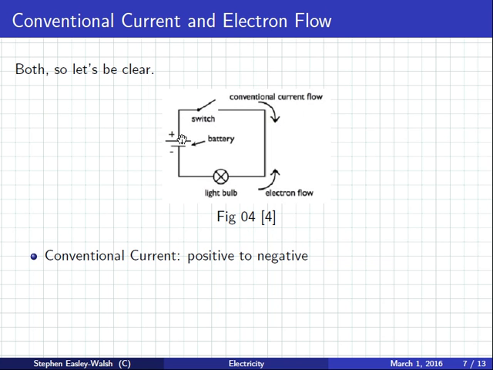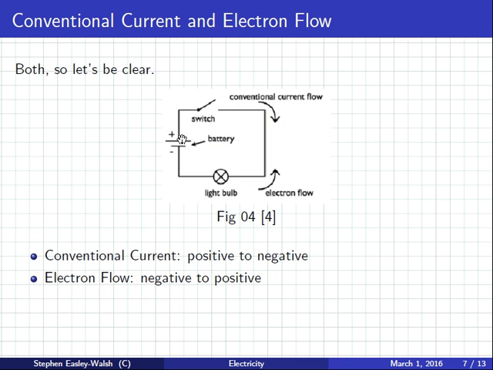When I say current, or conventional current, I mean positive to negative. This is normally what we mean by current. However, often in the exam they try to trick students, and they might say, what is the current flow, or the electron flow? And that's actually opposite. So conventional current is positive to negative, electron flow is negative to positive.